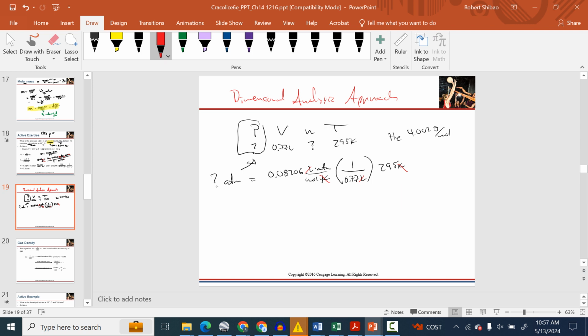But I need to get rid of moles. Oh yeah, I'm going to use helium here. And so I'm just going to flip this over. 1 mole weighs 4.002 grams. So I'm going to get rid of my moles here. But now I've got to get rid of grams.